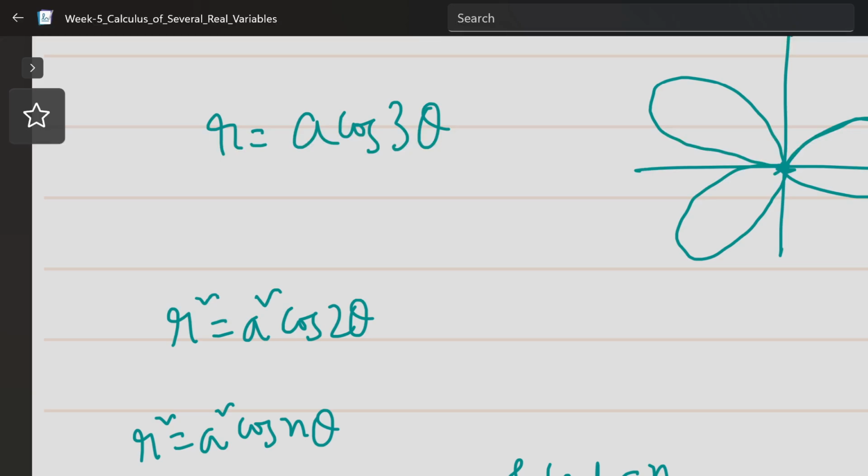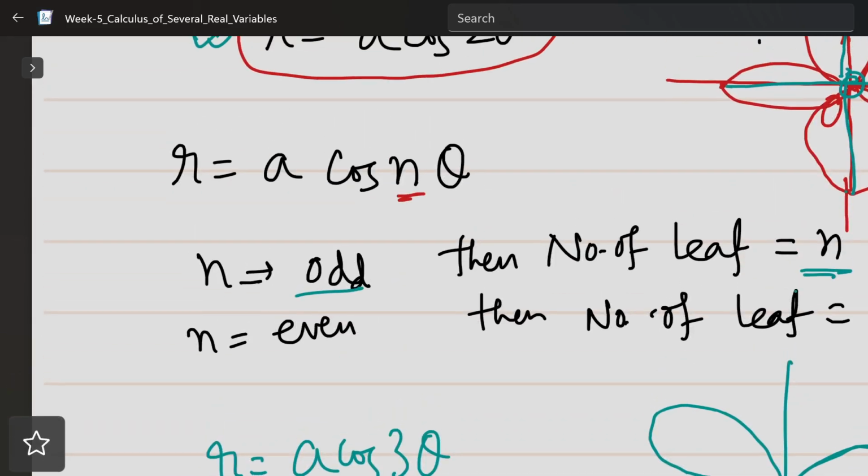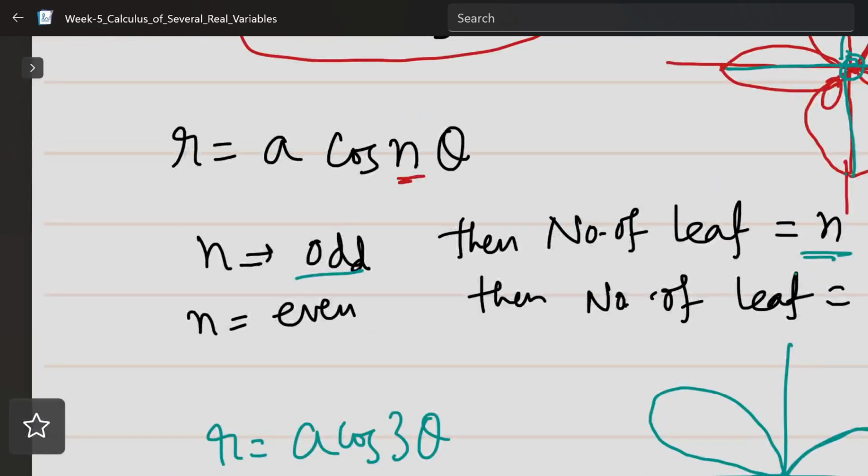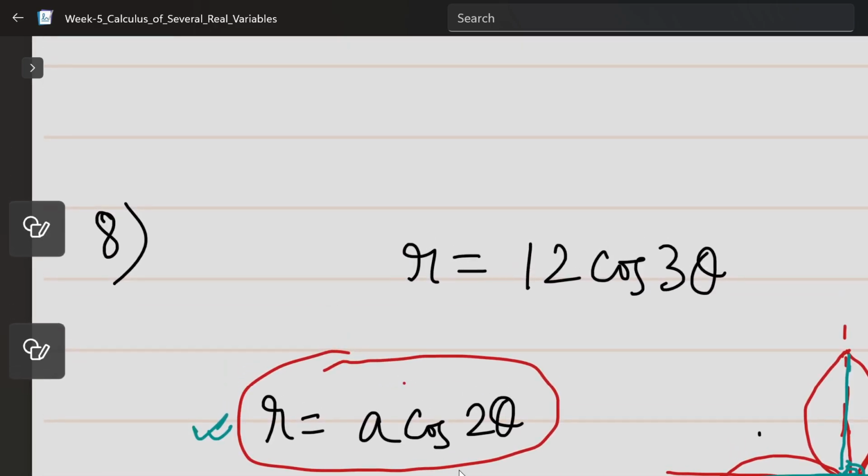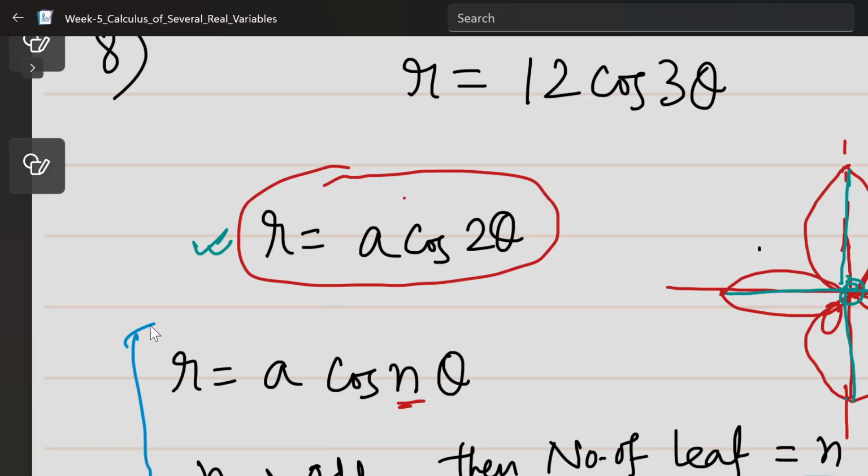So here this is symmetric about the x-axis only. For this problem, you just remember this formula to draw it.